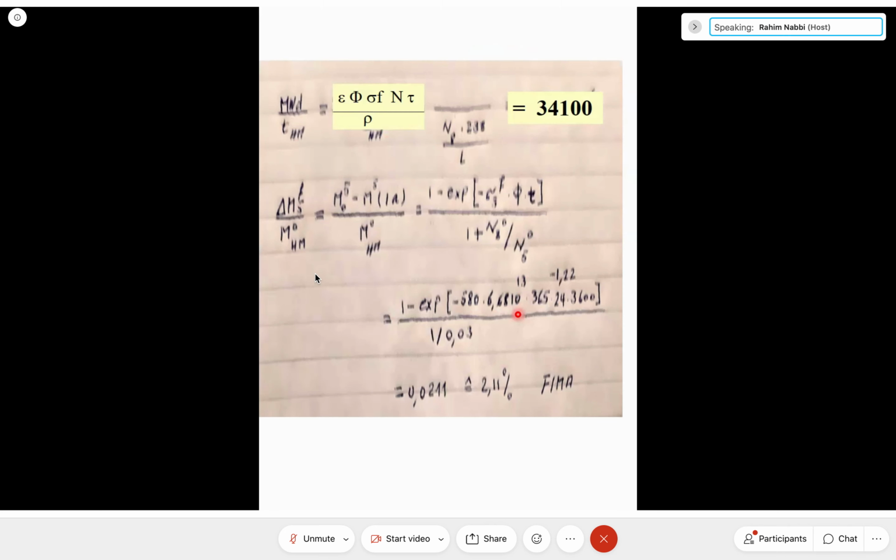Now, I would like to explain this third way too. So, first, I would like to start, you can say that is the third way. We have seen here the delta M for uranium due to the fission.